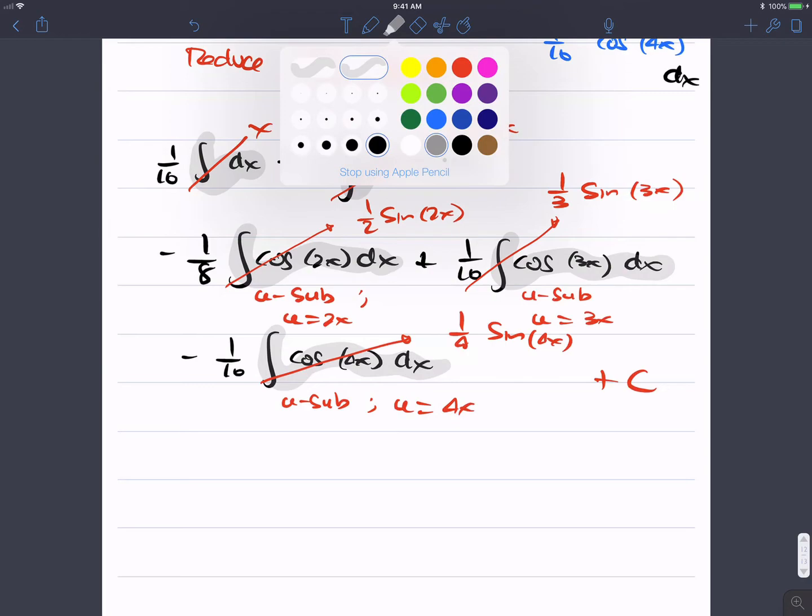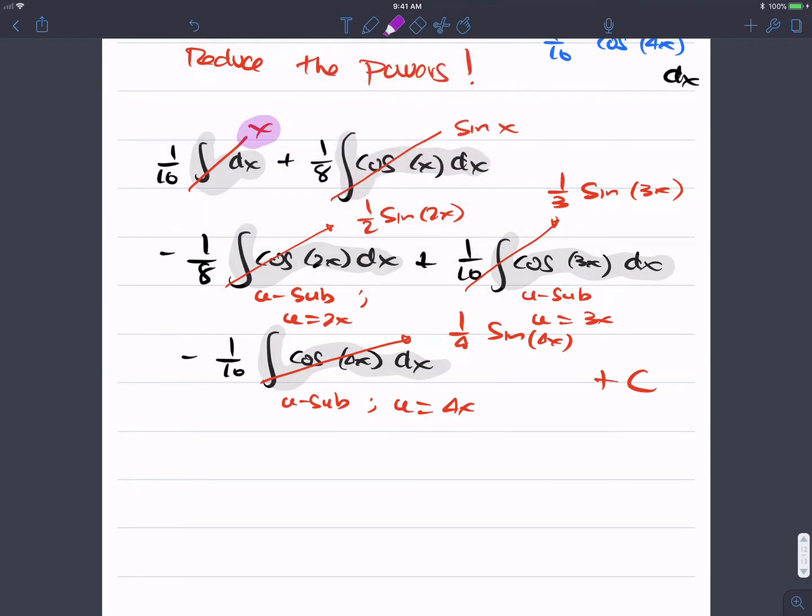Let's take a look at what we really have as answers for integrals. X sine x, 1/2 sine 2x, 1/3 sine 3x, 1/4 sine 4x.